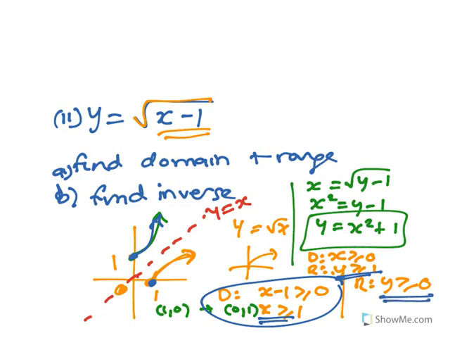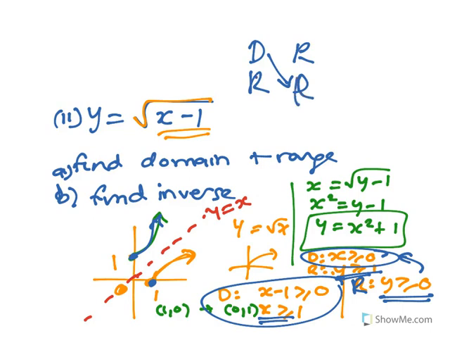The range of the original is y is greater than or equal to 0. That becomes the domain of the inverse, so they swap. So the domain and range will swap. So the domain of this will become the range of that. So if that was f of x and that was f of minus x, this one swaps with that one.